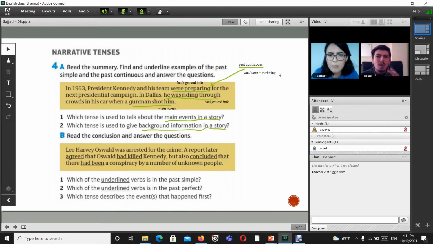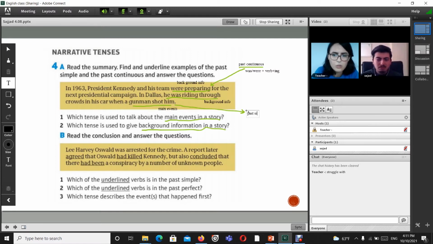Now, what about the main event? What is the tense that we are using for the main event? Gunman shot him. Past simple. Very good. What is the form?